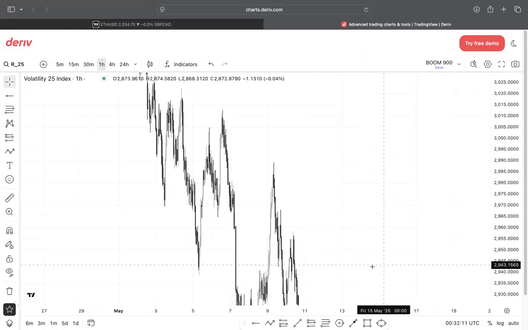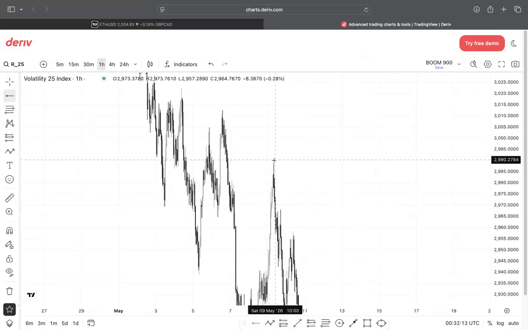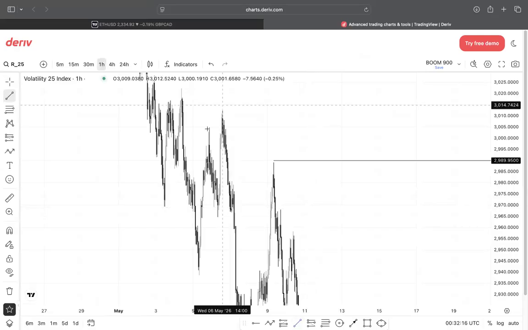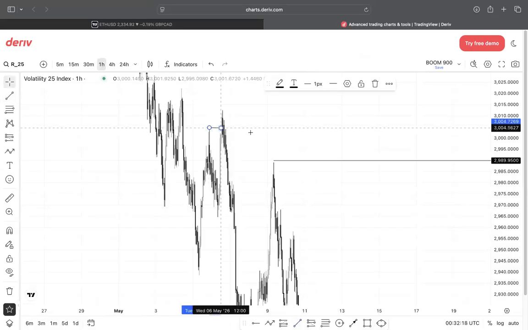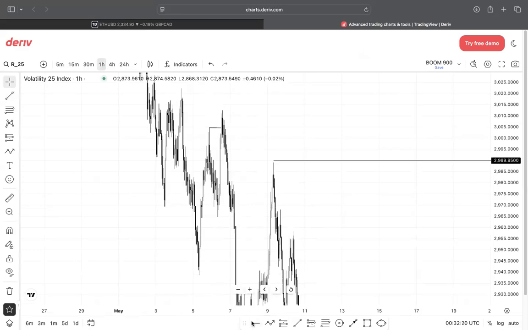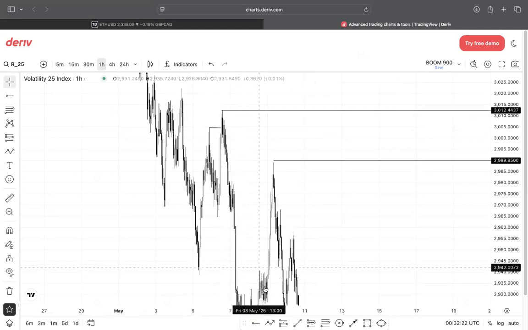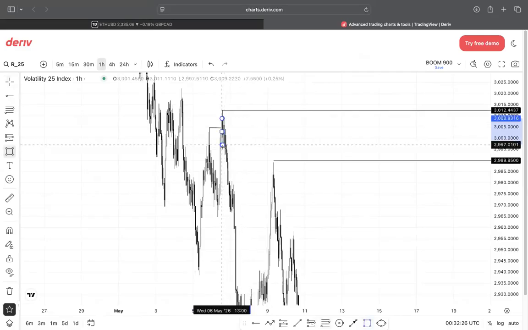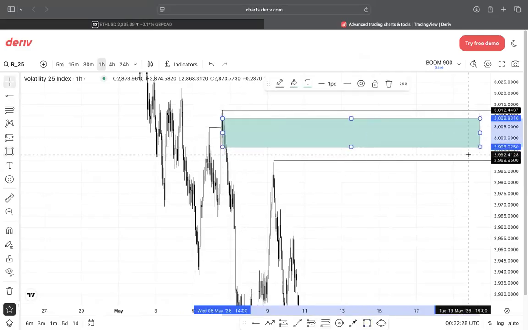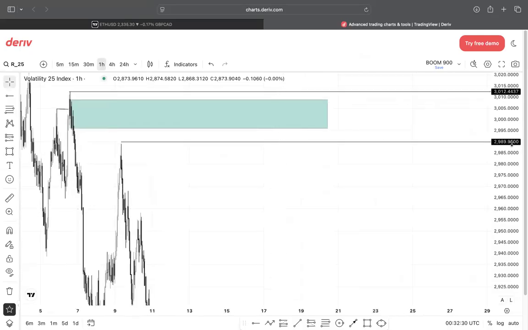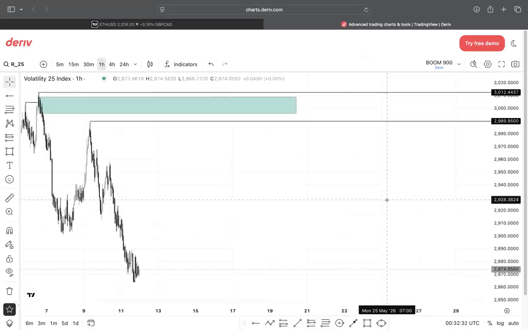So look out for this. Look out for this. So you can save this, and then when you see a valid confirmation, have your entry, and then you are good to go. Easy peasy, right?